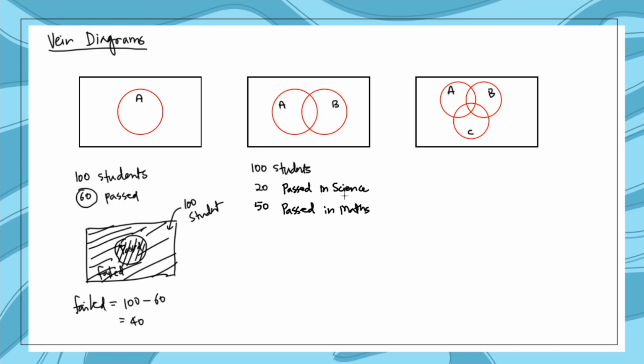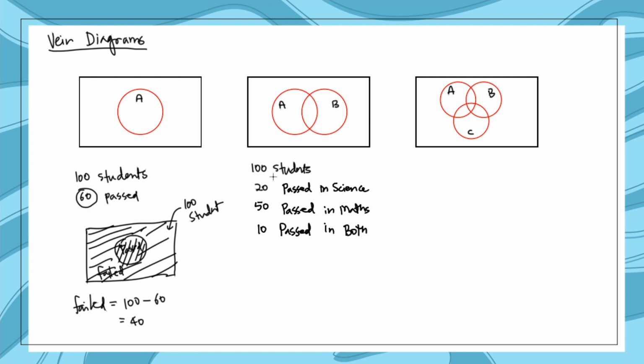Let's say there are only two subjects, science and maths. So out of these 100 students, 20 passed in science, 50 passed in maths. Now of course there will be some students who have passed in both of them. So how many? Let's say that 10 passed in both.